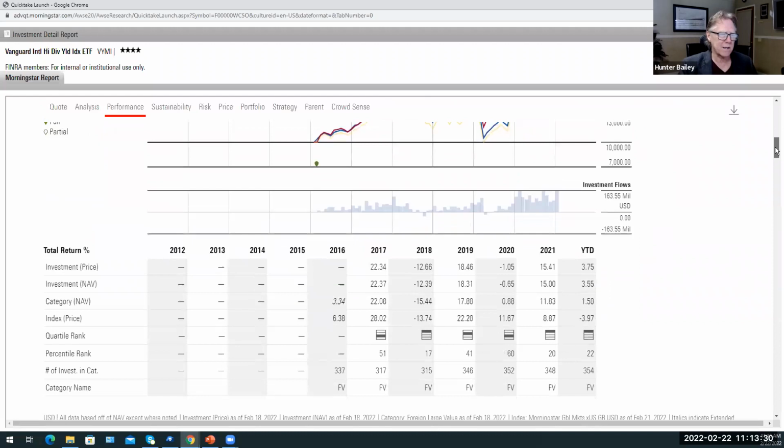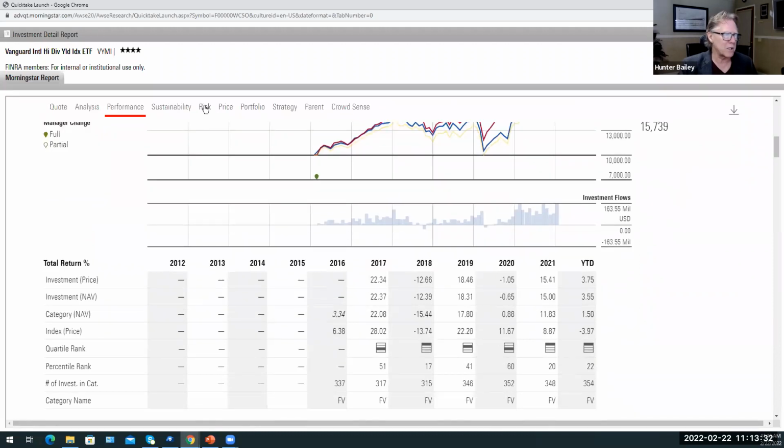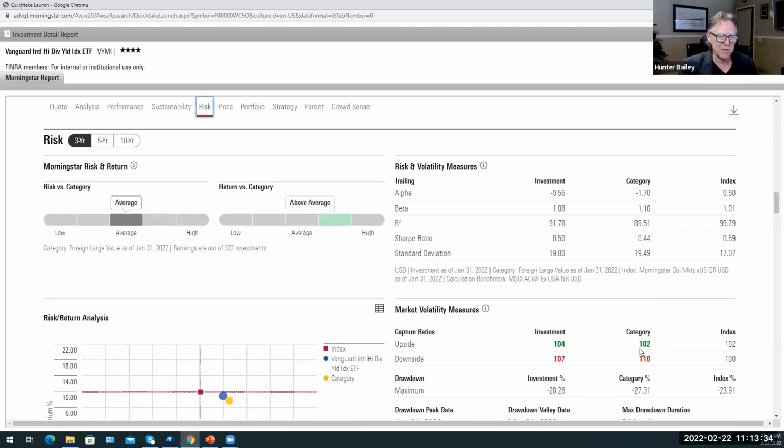I don't know. We'll take a look at the risk measures here. We'll see if they're the same risk. They are just as much as their category. Standard deviation is slightly more. So I'd have to dig into this and find out why. Although Morningstar says its risk is about average and its performance is above average, so not bad.